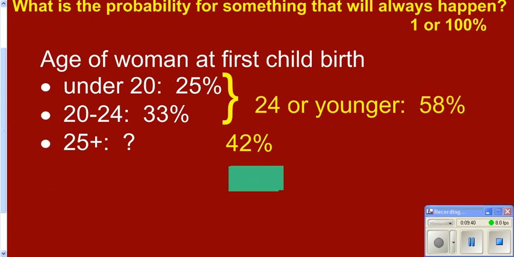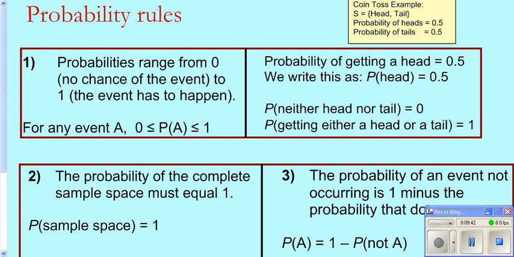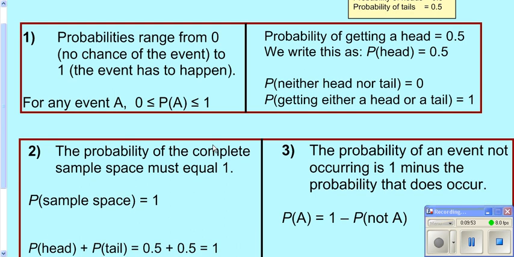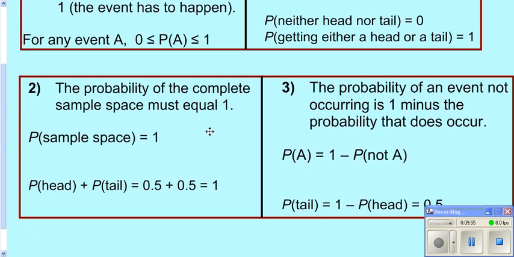And now that leads us into our probability models. All probabilities range from 0 up to 1. 0 meaning it would never happen, 1 meaning it would always happen. Now, the probability for your whole sample space has to add up to 1, meaning all your probabilities add up to 1.